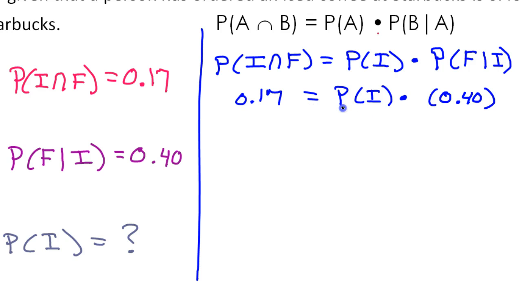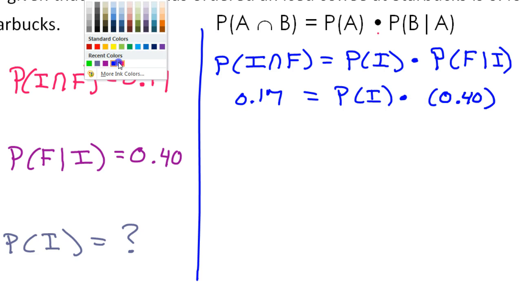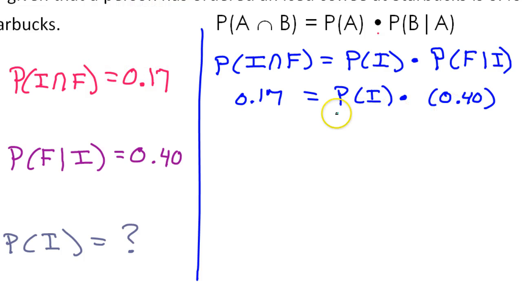So if I want to find the probability of ordering iced coffee, P of I, I'm just going to divide. This is multiplication, so I'm going to divide to get rid of it. So I will simply divide both sides of the equation by the 0.40.